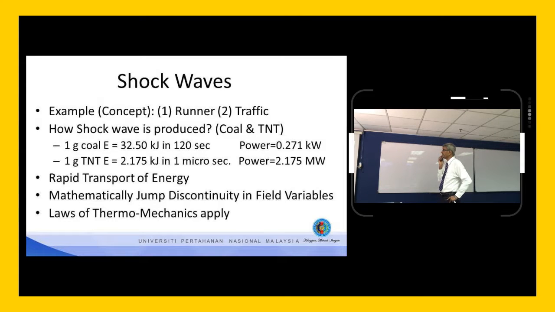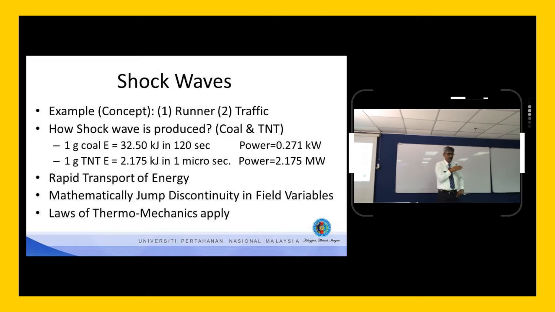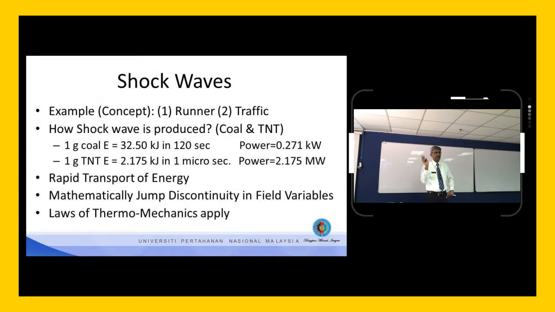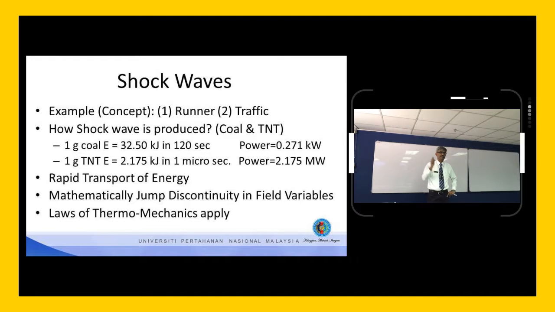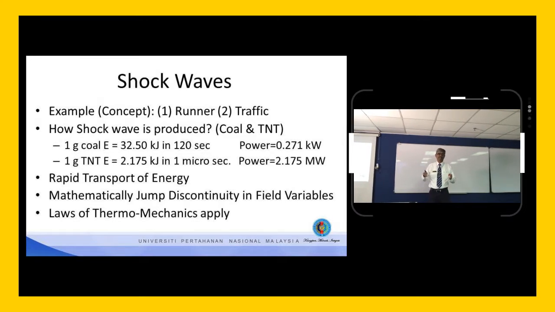Now, before we proceed further, it's better to try to understand what shock waves are. The example one can give is of a runner and traffic. In traffic, if almost equidistant cars are running and one car, because of some obstruction, pulls the brake, then what happens? There is a kind of lag in seeing and action.